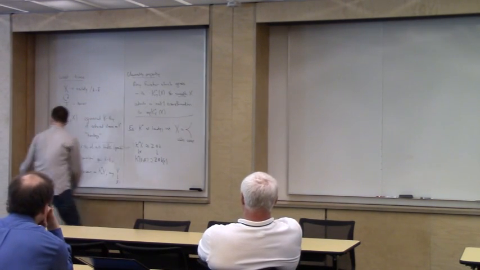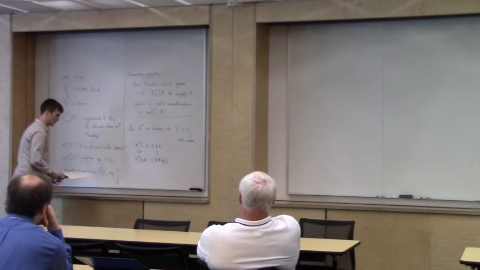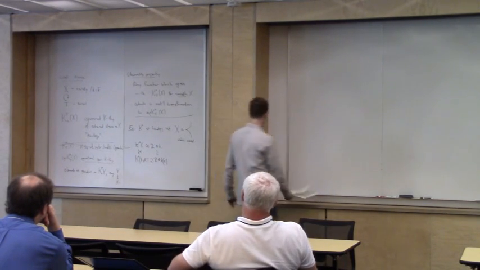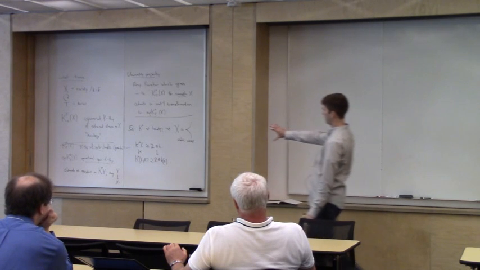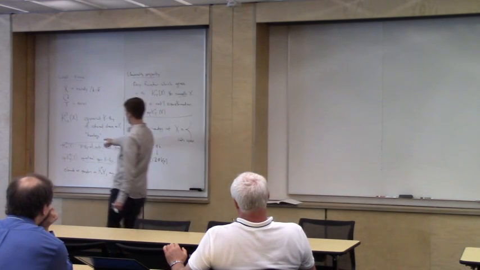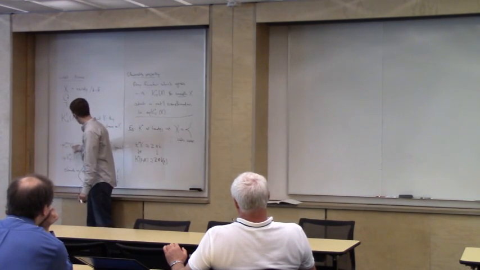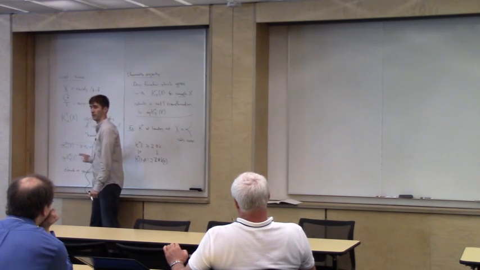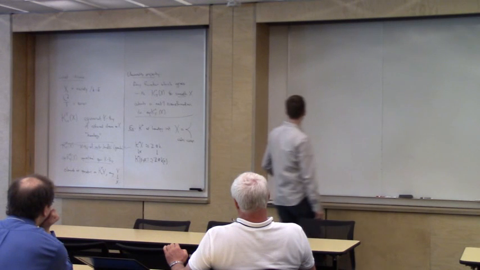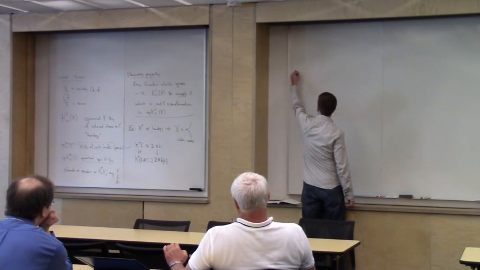Okay, so the reason that I brought that up again is because I want to mention another kind of variation on K theory that sits between regular K theory of vector bundles and this operational K theory that I described last time. So this is called homotopy K theory.